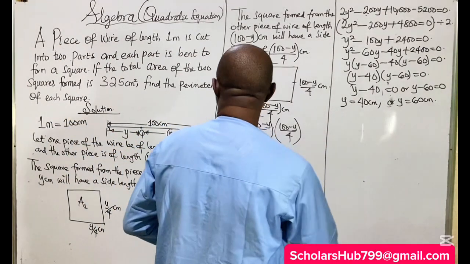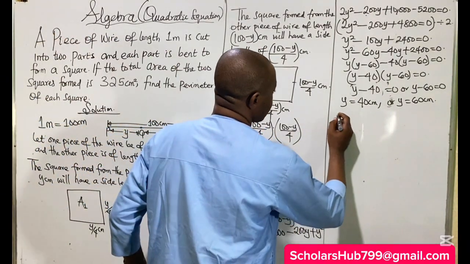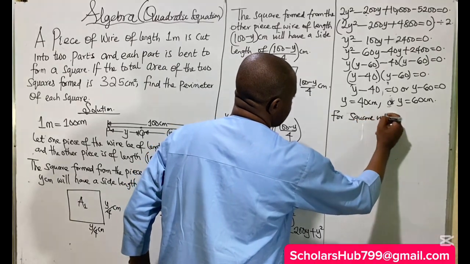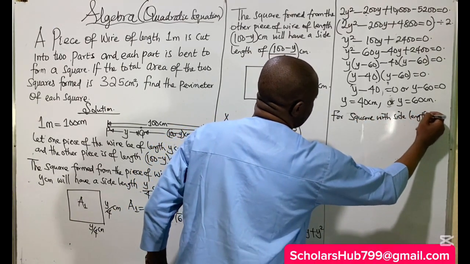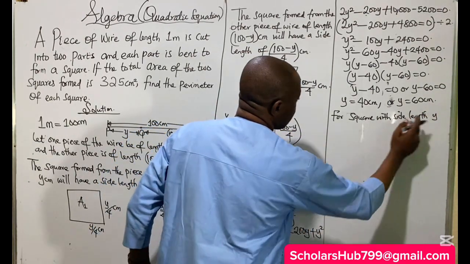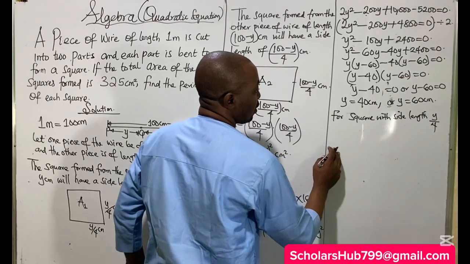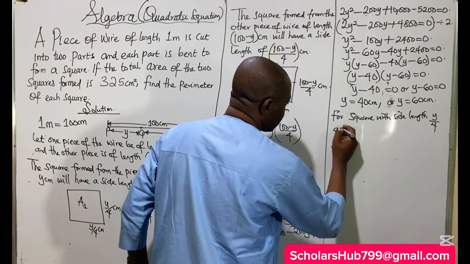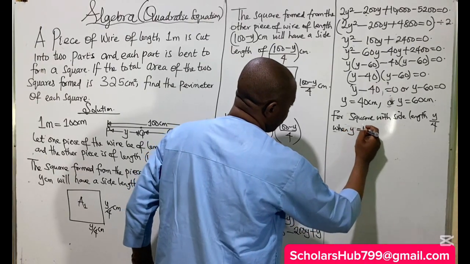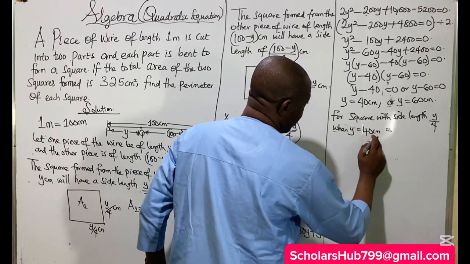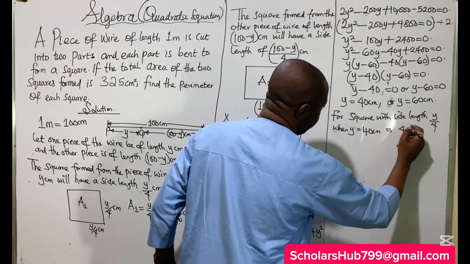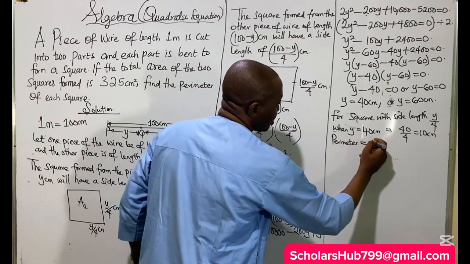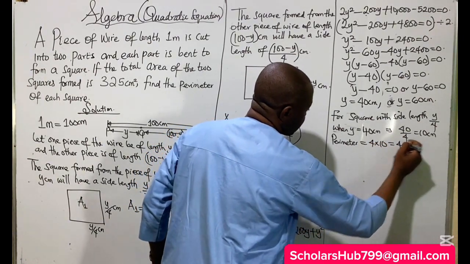For the square with side length y over 4, when y equals 40 centimeters, the side length is 10 centimeters, then the perimeter will be 4 multiplied by 10, which is 40 centimeters.